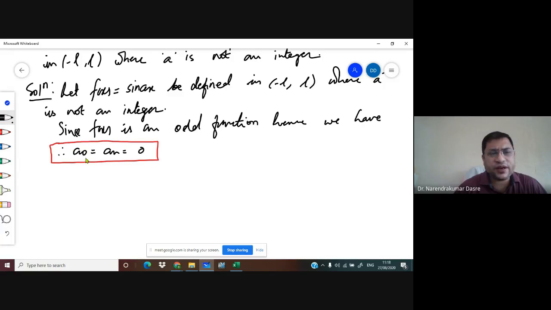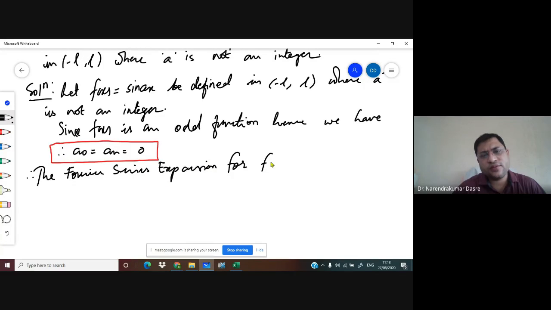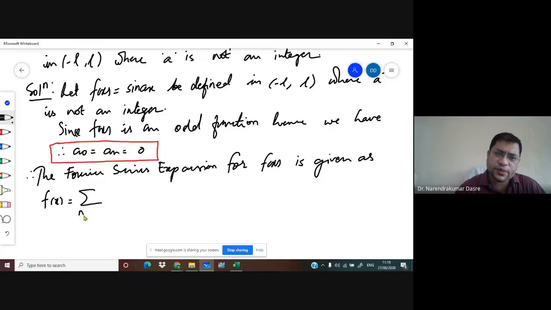So directly we'll have a0 equal to an equal to 0. And hence we can write the Fourier series expansion for f of x as f of x is equal to summation n running from 1 to infinity.